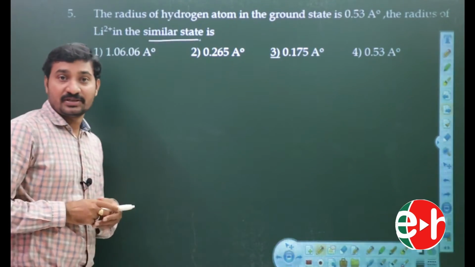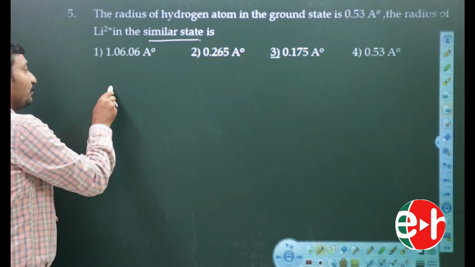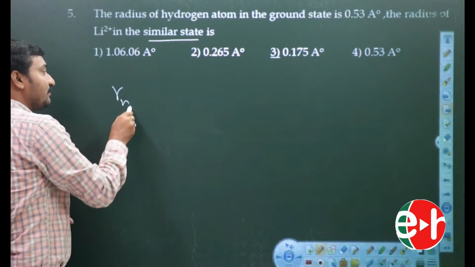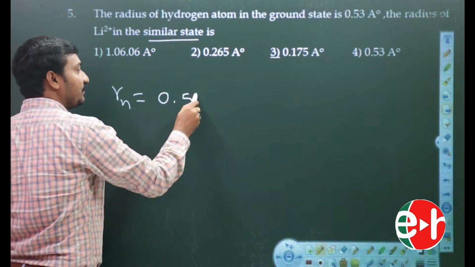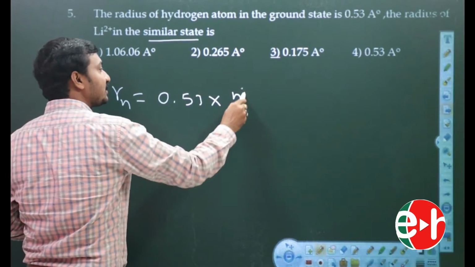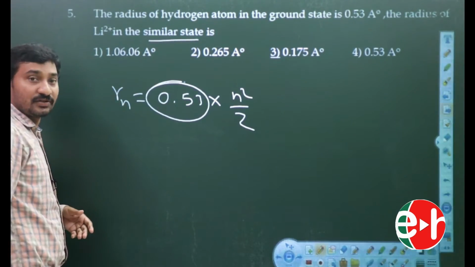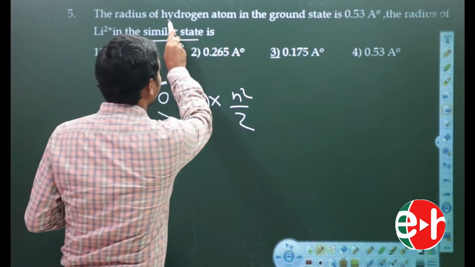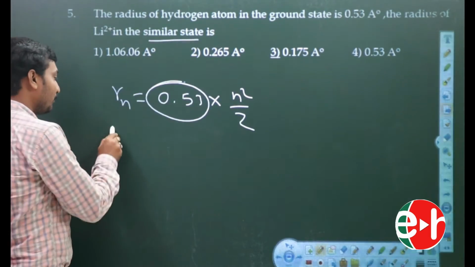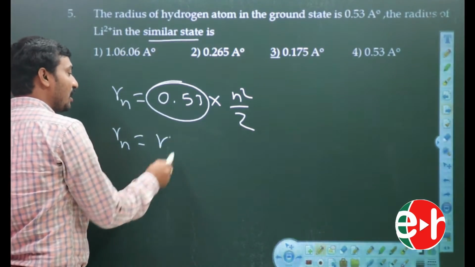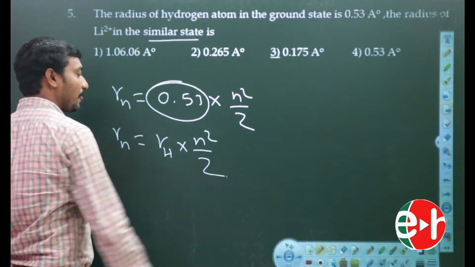Okay, we know Rn is equal to 0.53 into n square by z, where 0.53 is the given radius of hydrogen atom, RH. Rn is equal to RH into n square by z.